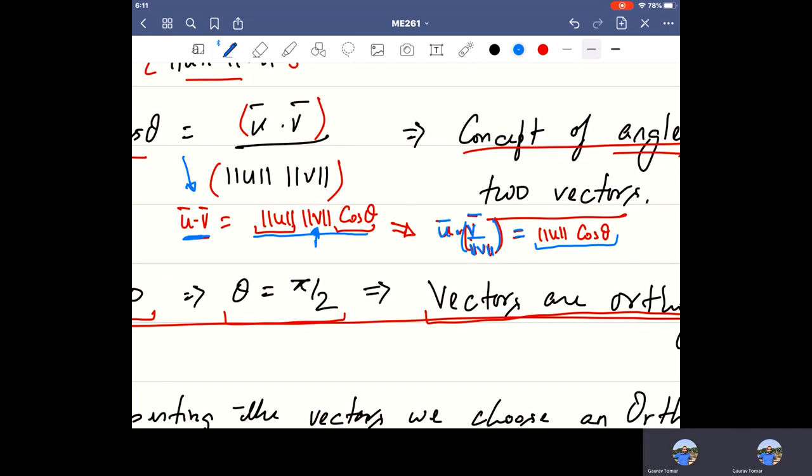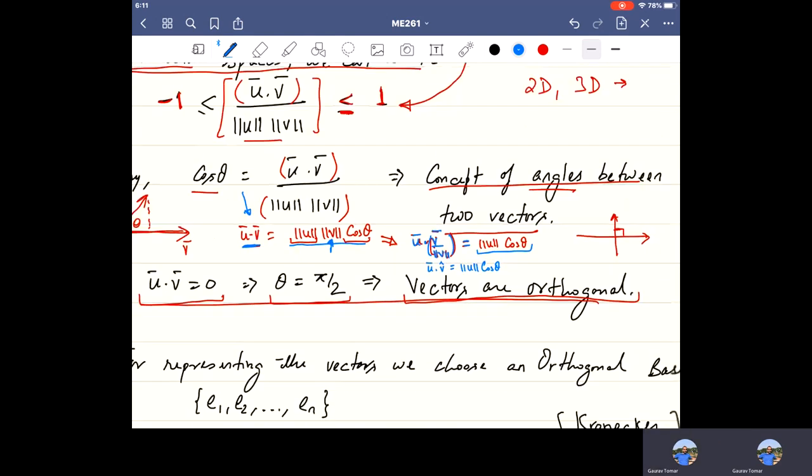So v by norm of v is a unit vector, of length 1. We can write this as v hat. So now u dot v hat is nothing but norm of u into cos of theta.